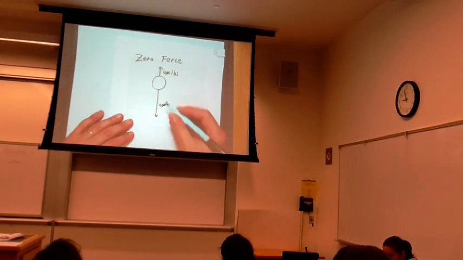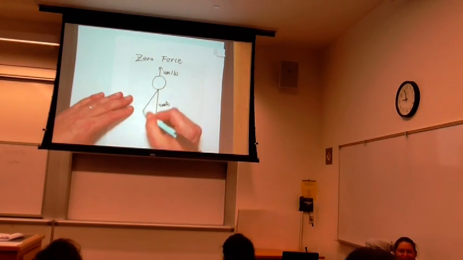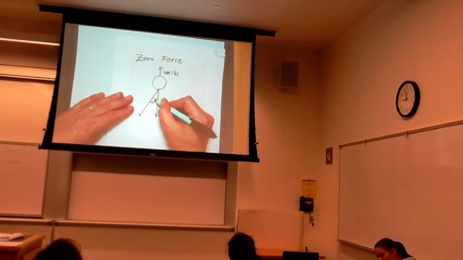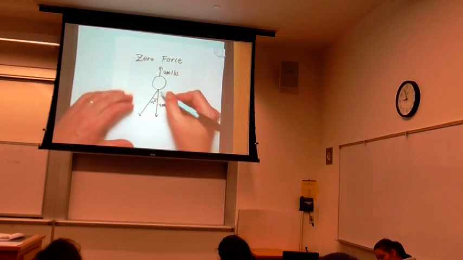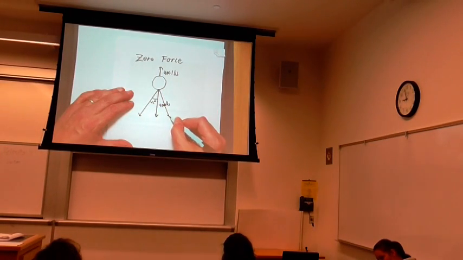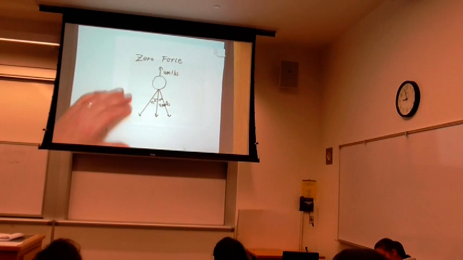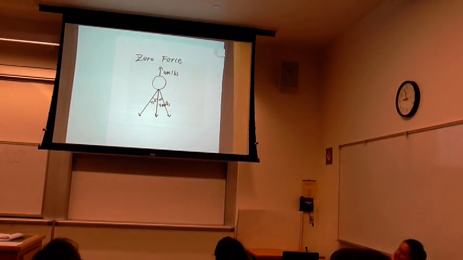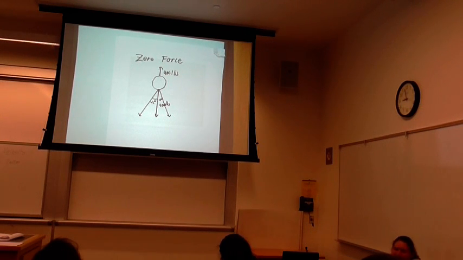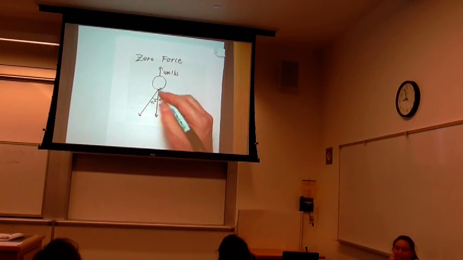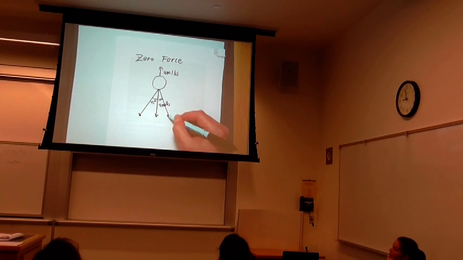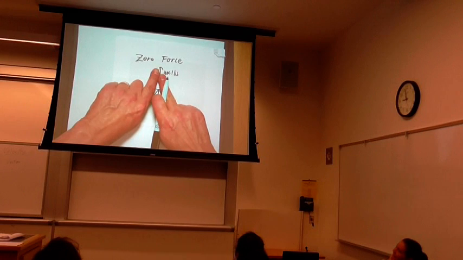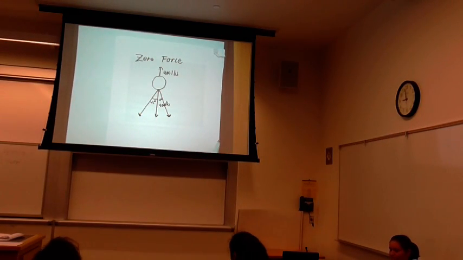We have two ropes. One of them is at a 45-degree angle. The other is at a 25-degree angle. And it's not moving. So the force from these two ropes is exactly offsetting the 400 pounds upwards.